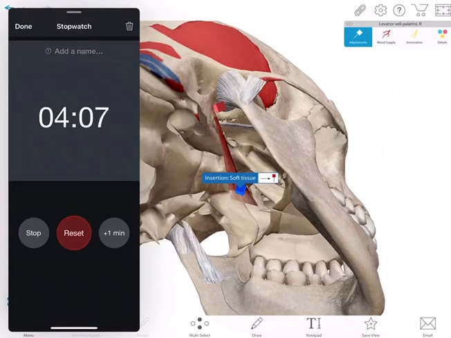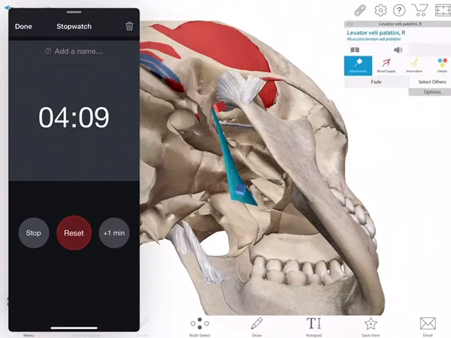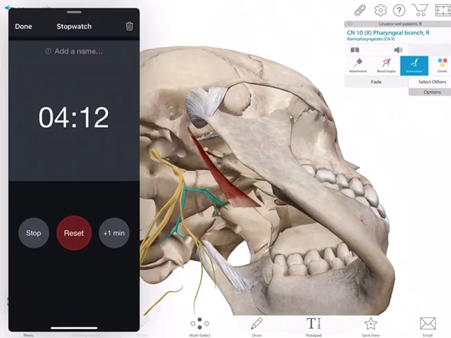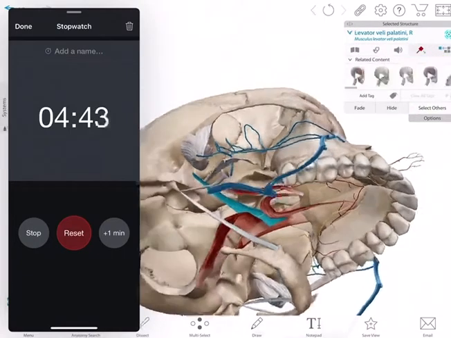The nerve supply is not the mandibular nerve, but the vagus nerve, cranial nerve 10, mainly from the pharyngeal branch to the pharyngeal plexus from the vagus nerve. The function of this muscle is to elevate the soft palate above its natural position. So the levator veli palatini is the only muscle that makes an elevation of the soft palate.